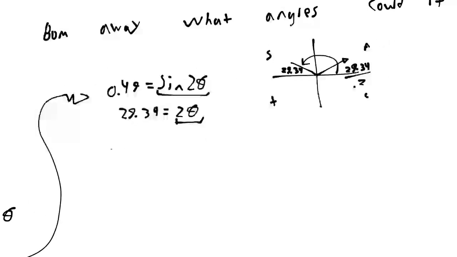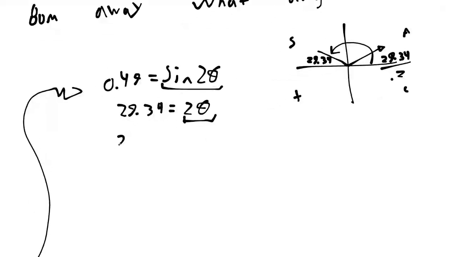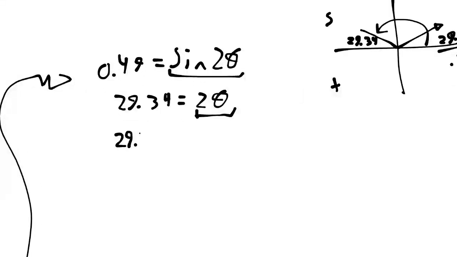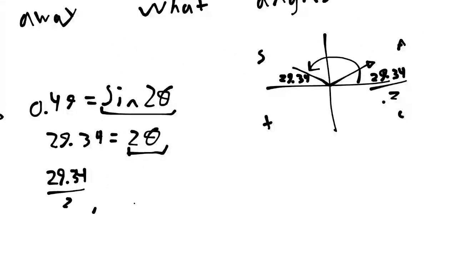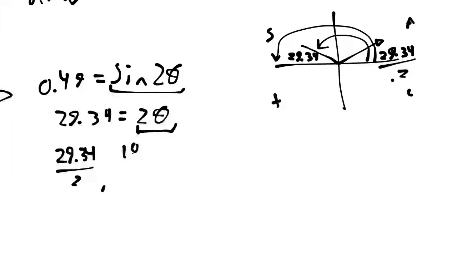So there's two options. Option number 1 is 29.34 divided by 2. And then option number 2: see how this whole thing would be 180 degrees, but it's not quite 180. It's 180 minus 29.34, divided by 2.